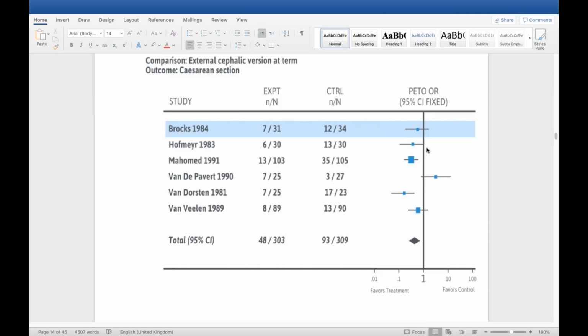And the square on the horizontal line doesn't move right or left. It's always in the middle, because it just represents the weight of the study. How big is it? How big is the weight of this study? And you can see that the weight of the study affects the 95% confidence interval.